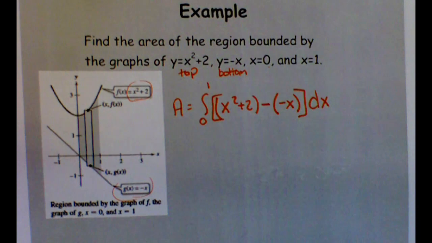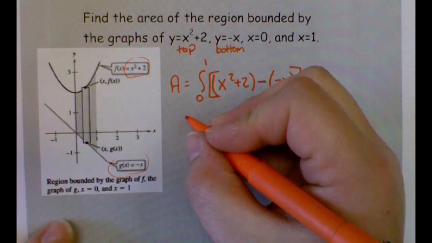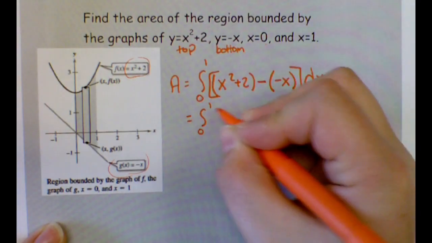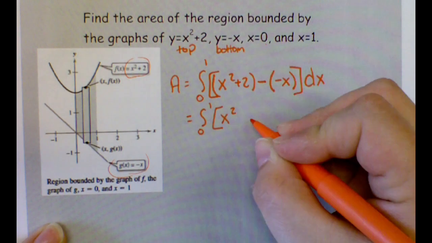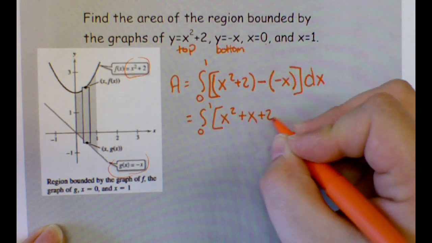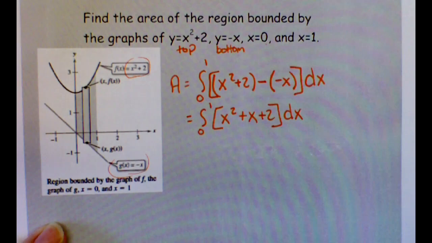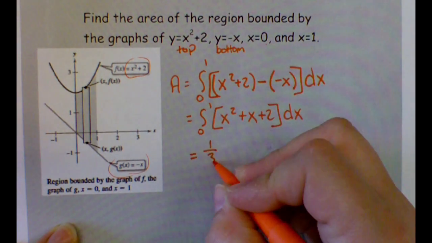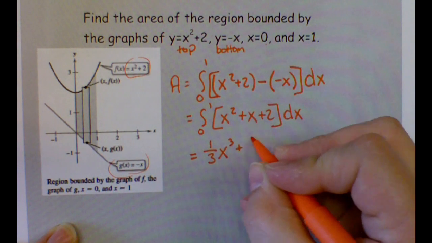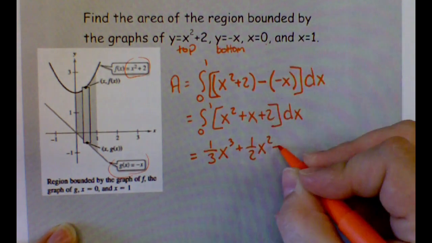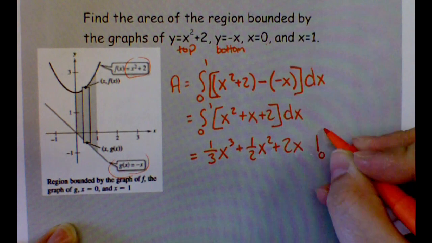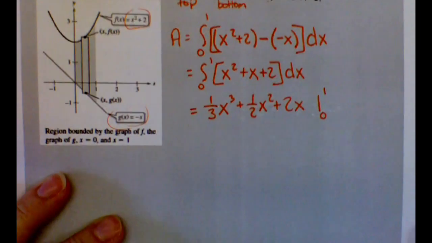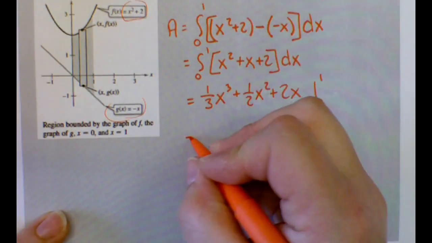I'll combine it a little and simplify before we do our actual integration. So 0 to 1 of x squared plus x plus 2 dx. And now it's just what we've been doing. So this definite integral is 1/3 x cubed plus 1/2 x squared plus 2x evaluated from 0 to 1. And remember, we plug in the 1.